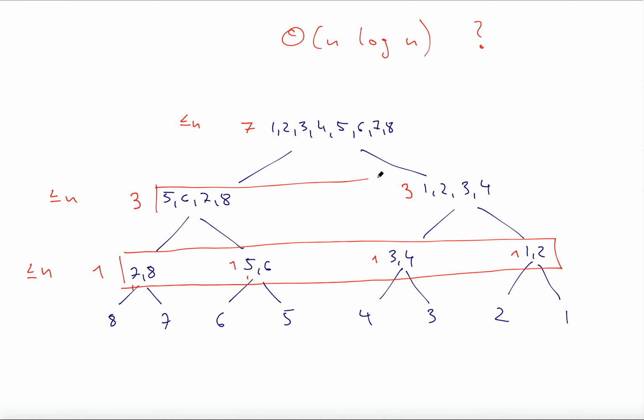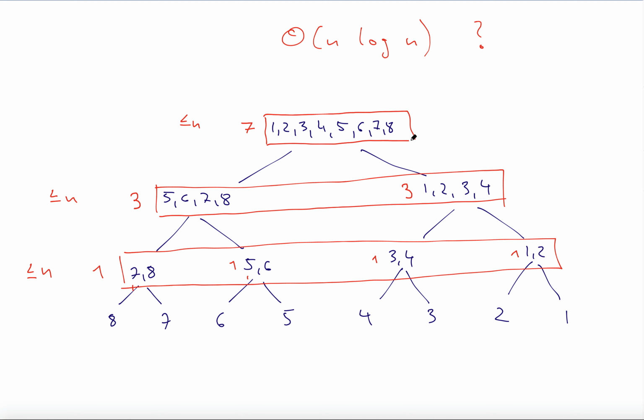Maybe I'm lucky and I get less than n comparisons, but we are doing big O here, right? So the order of magnitude here is n on each level.